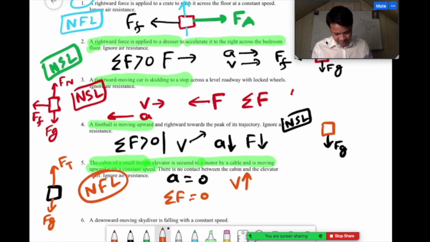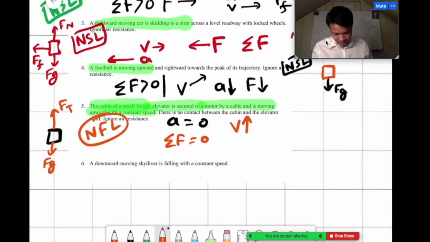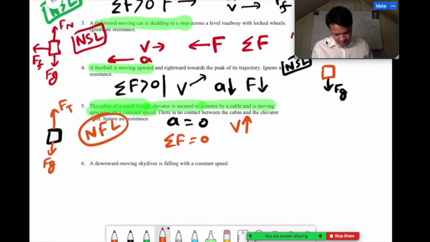Alright, let's check out the next one. A downward moving skydiver is falling with a constant speed. So let's see. Downward moving, so velocity is down. Let's put it down. Velocity is down.